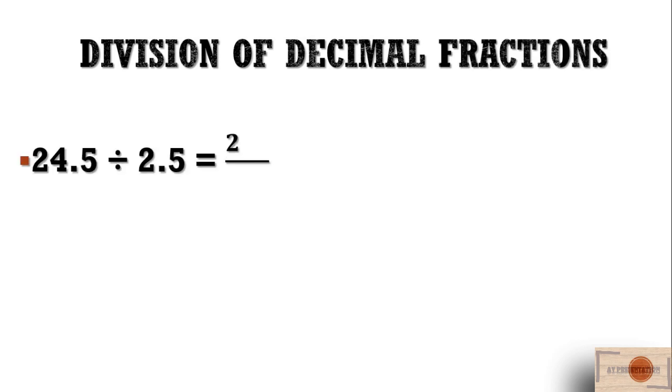Next point is division of decimal fractions. Example: 24.5 divided by 2.5. Write these numbers in fraction form: 245 upon 10 and 25 upon 10.